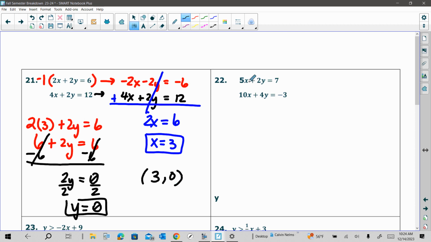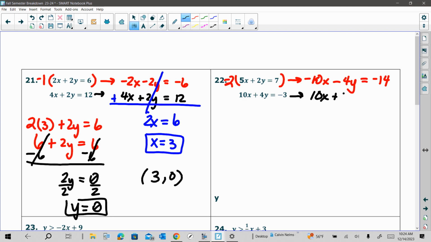Same situation. Nothing is opposite here. The x terms are not opposite, the y's are not opposite, but I can make the x's opposite if I multiply the top by -2. Because now I get -10x minus 4y equals -14.